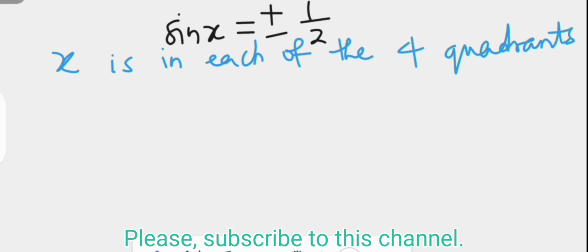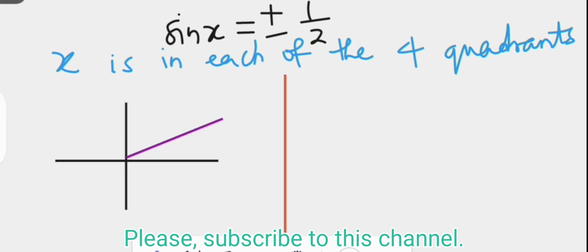So let us take a look at them one after the other. In the first quadrant, the sign of angles are positive. So if sine x is 1 over 2, then in the first quadrant, x is pi over 6, because the sine of pi over 6 radians gives 1 over 2.